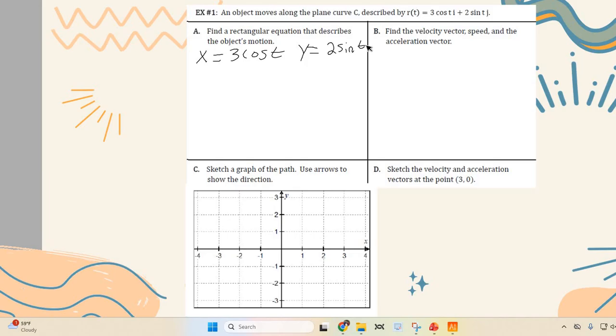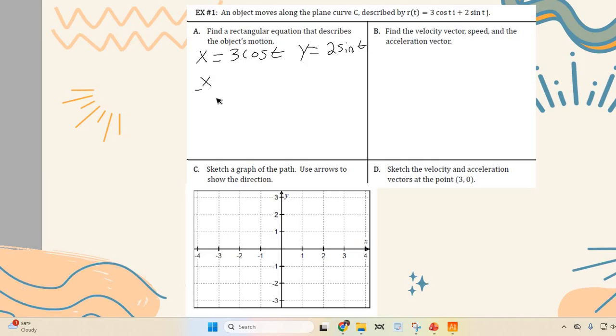And remember, when we eliminate the parameter, what are our two options? Solve for t. If I have something like 3t minus 1, it's really easy to solve for, and then I just plug it into the other equation to have it in terms of x's and y's. Is t going to be fun to solve for in either one of these?